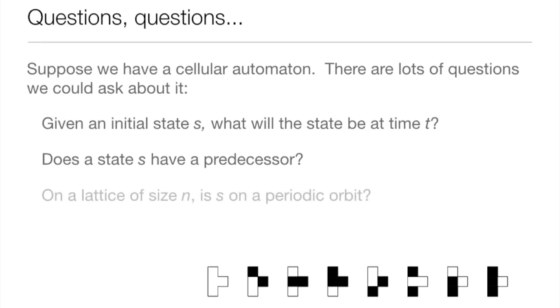Another question. Suppose that I'm doing this on a lattice of size n, maybe with cyclic boundary conditions so it wraps around, and I show you some initial state. Then we're going to run forward in time. I want to know, is this state ever going to return to itself? Is it going to recur? In dynamical systems terms, we would ask, is this state on a periodic orbit? That's another question I could ask.